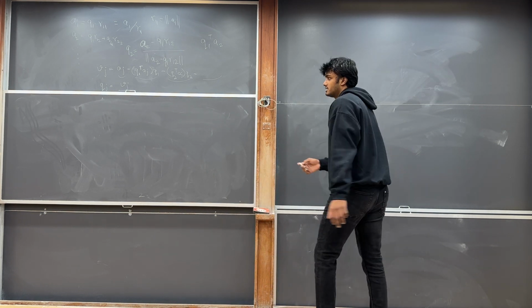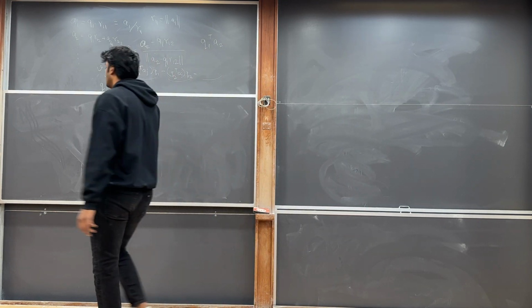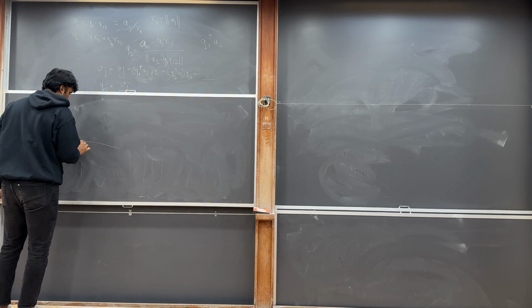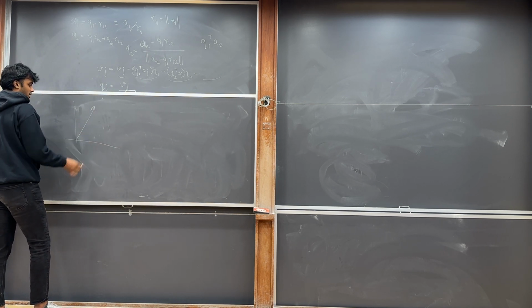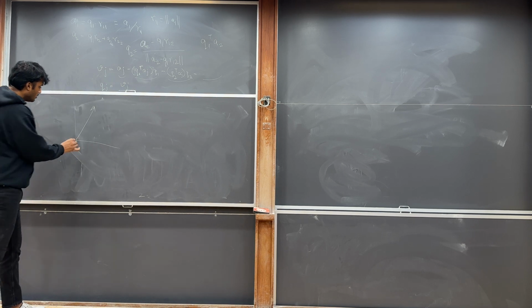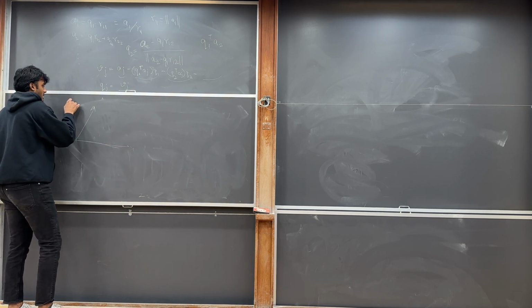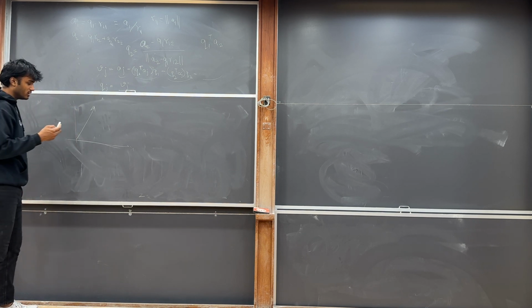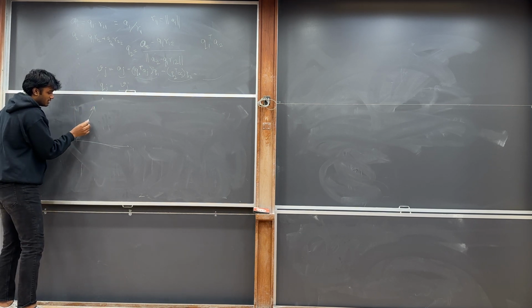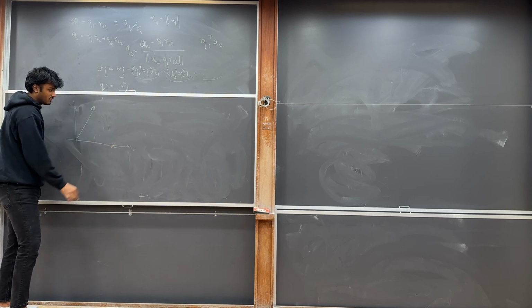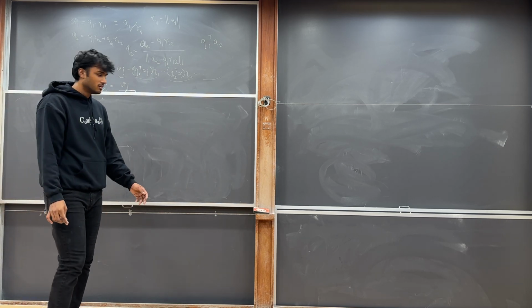So this is the idea. If I have a column in the matrix, A1, let's say, or AN, which points this way, but I know I have a standard basis. Let's say this is the x-axis, this is the y-axis. So what I can do is, I can rotate this arrow to point in the direction of the x-axis, right?